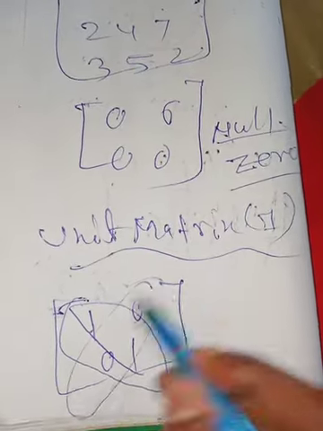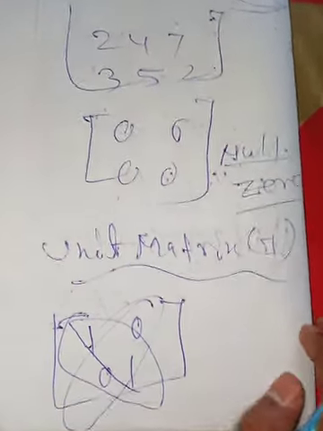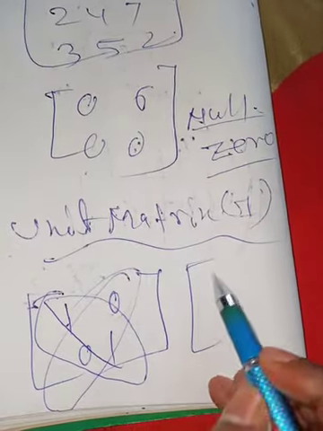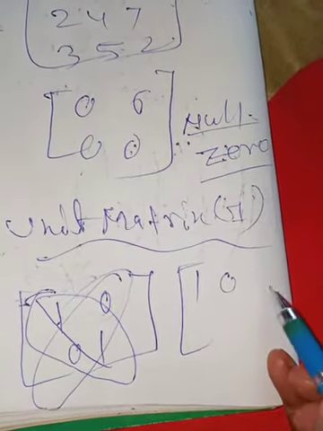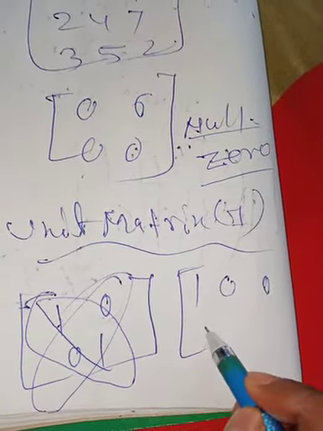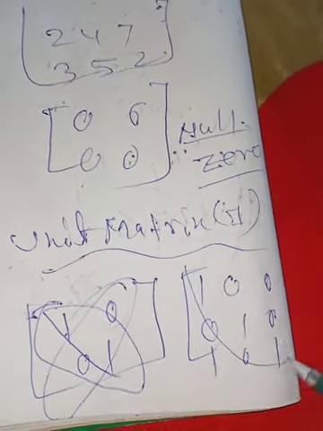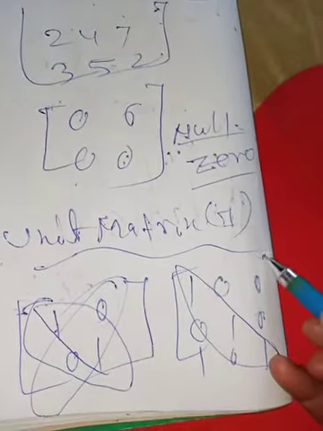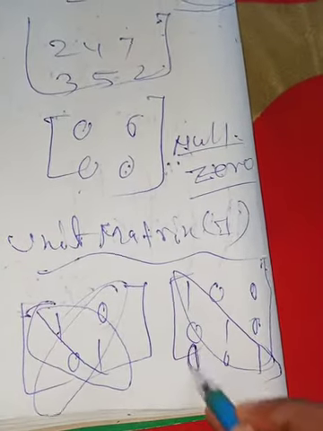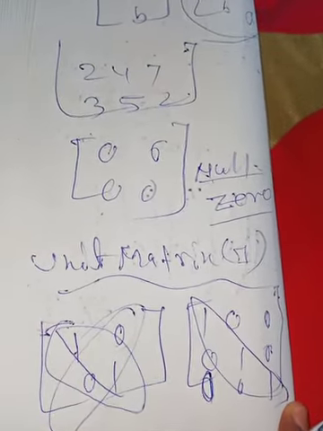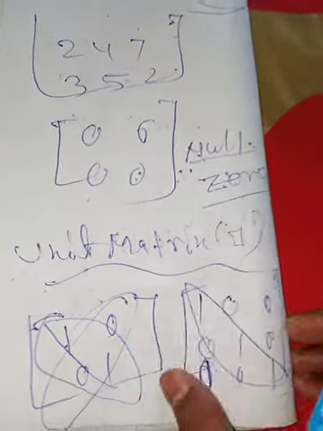This is 1 and this would be 0. I means maybe anything, you can write it like this also. Here the leading diagonal is 1, so this is also a unit matrix, and that is represented by I.